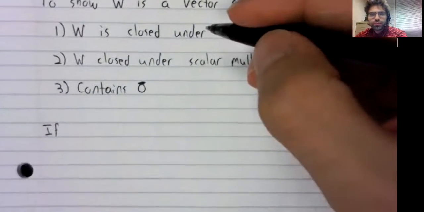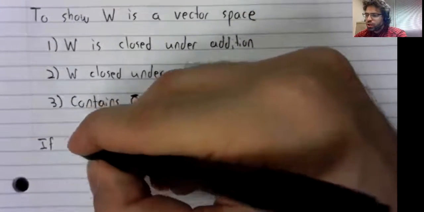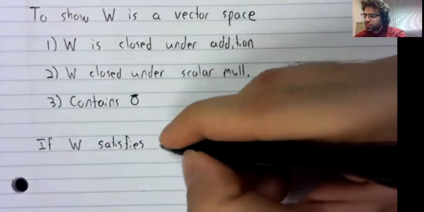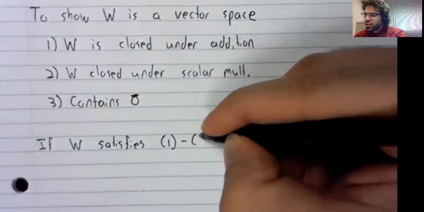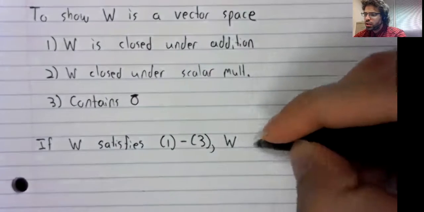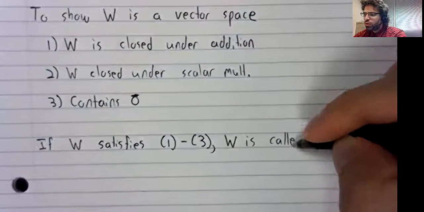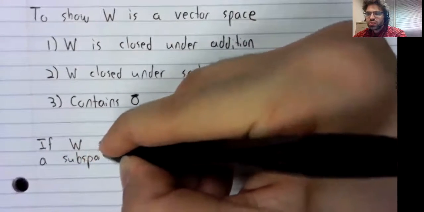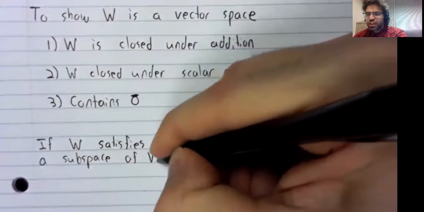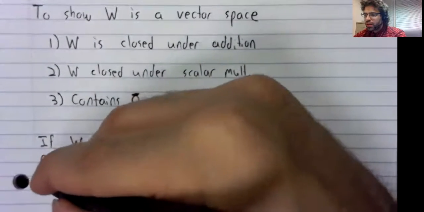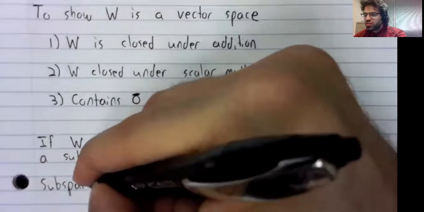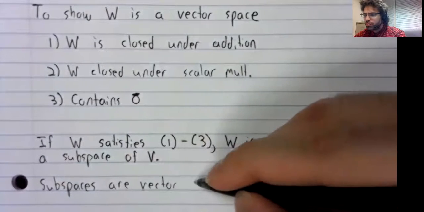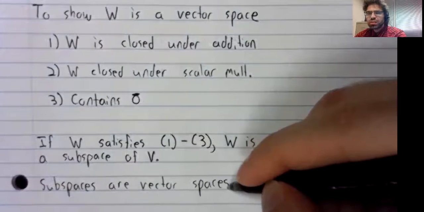If W satisfies these conditions, W is called a subspace of V. And subspaces are vector spaces.